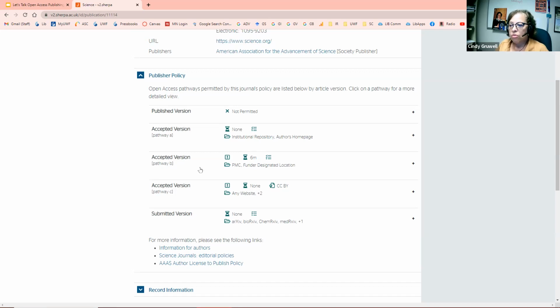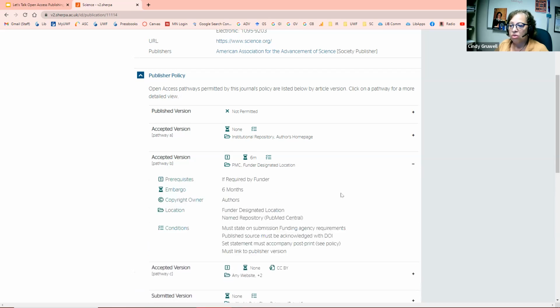And then they have kind of a breakout of accepted versions and submitted versions that can go a number of places. That's especially important because if you have certain types of funding, one of the things that you have to do is put it in a repository. That may be us, that may be a designated repository or designated location.